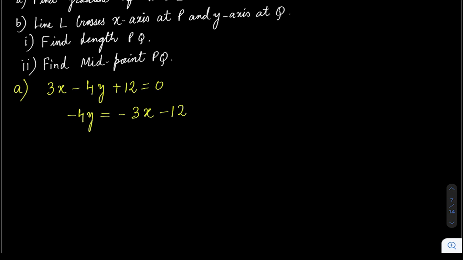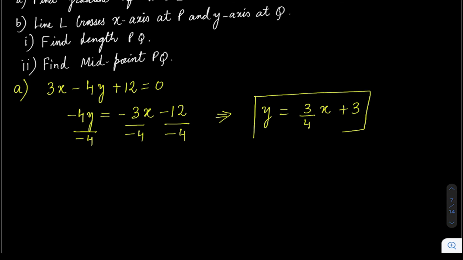Now I have isolated the y term. Then I need the y = mx + c form, so divide everything by -4. Divide both sides by -4. It gives me y equals 3/4 x plus 3.